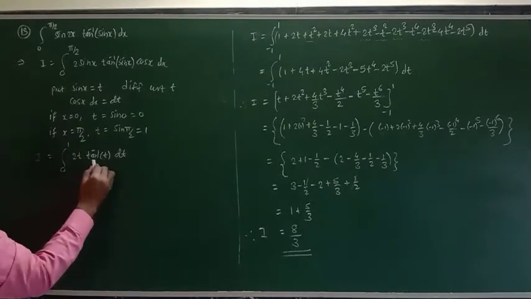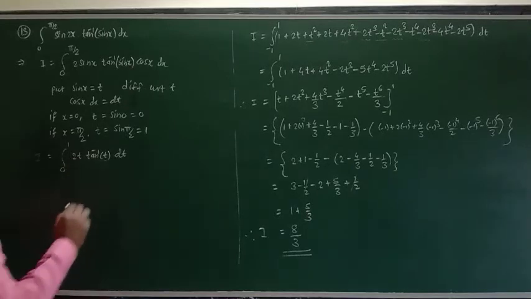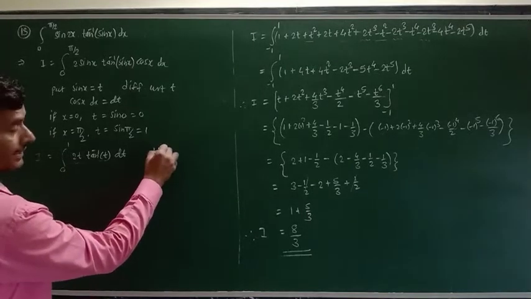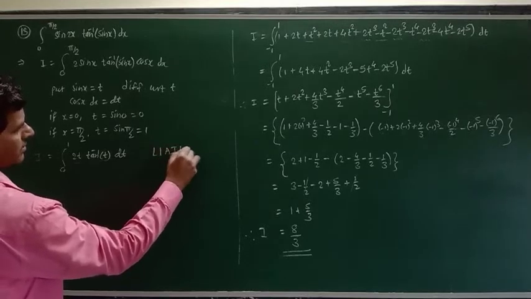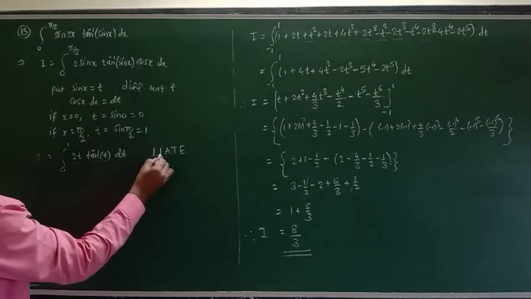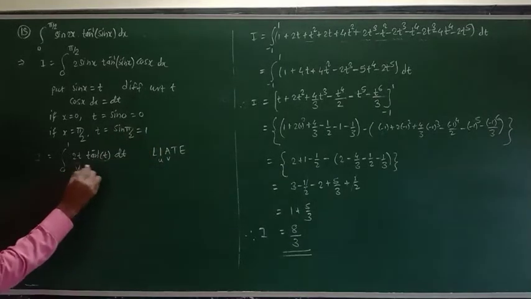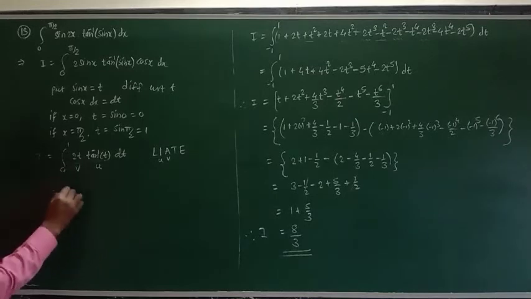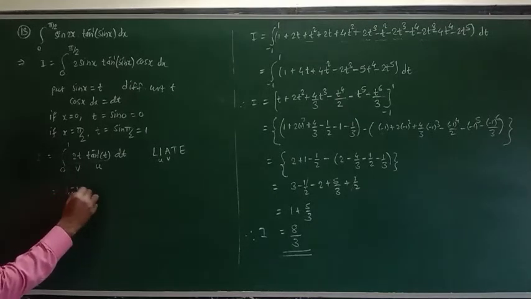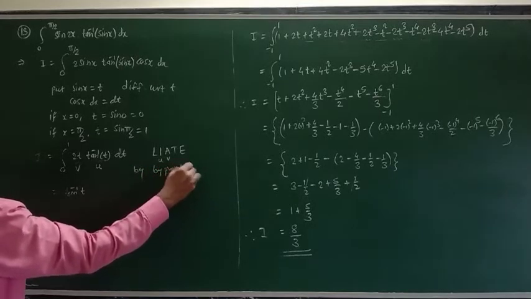Okay, this is an inverse function and this is an algebraic function. So by integration by parts, which is u and which is v? Inverse function is u and algebraic function is v. So its integration is tan inverse t by parts.